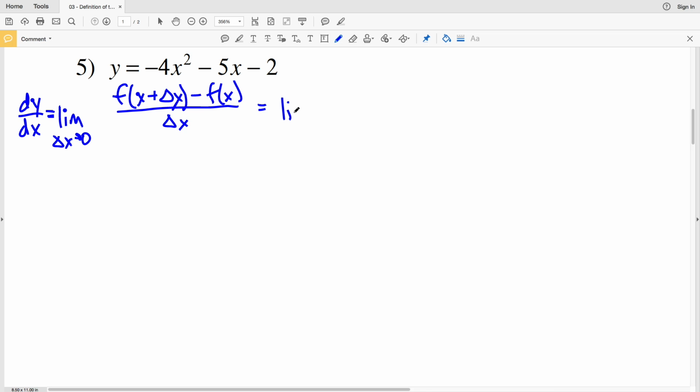So that's going to be the limit as delta x approaches 0 of f of x plus delta x, which is going to be negative 4 times x plus delta x squared minus 5 times x plus delta x minus 2. That is f of x plus delta x.